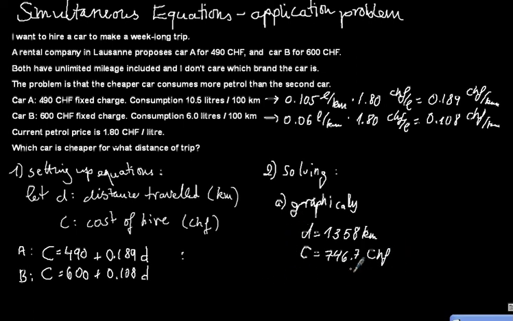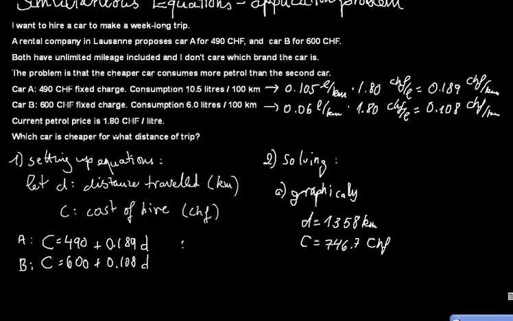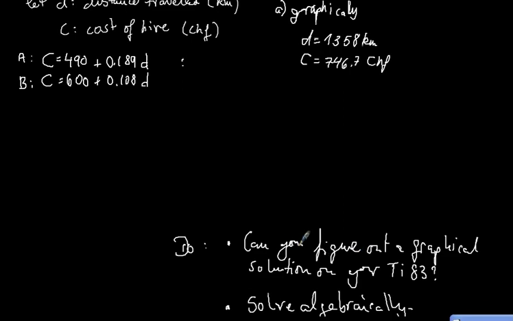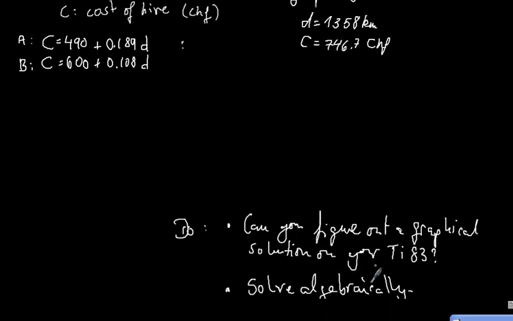Okay, I have stopped my demonstration, and I'd like you to do two things. First of all, can you figure out how to do this graphical solution on your graphical display calculator, on your TI-83? See if you can figure that out and find the intersection point.